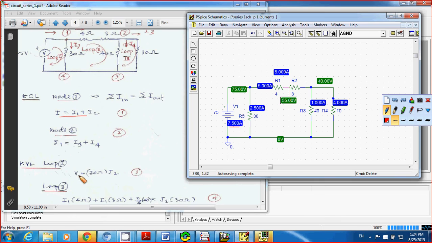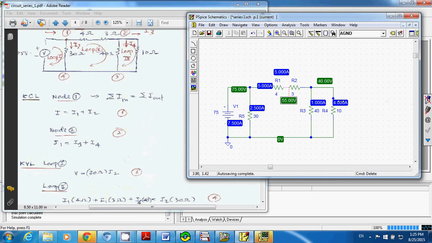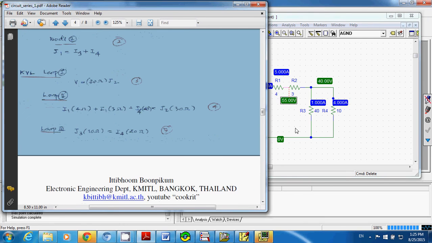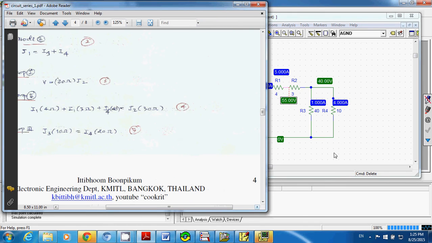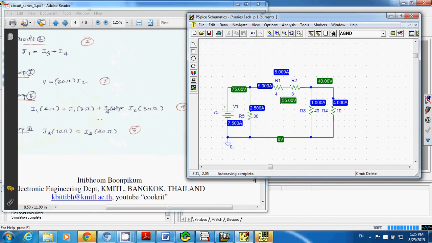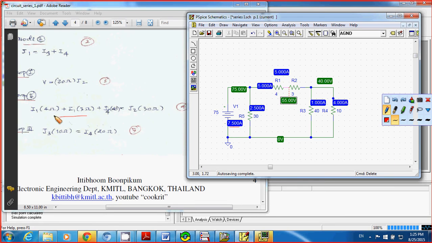For KVL, let's move to equation number 4 here. You have 4I1 plus 3I1 plus 40I4 equal to 30I2. Your I1 is 5 amps, right? 5 multiplied by 4 gives you 20. I1 is 5 multiplied by 3 gives you 15.